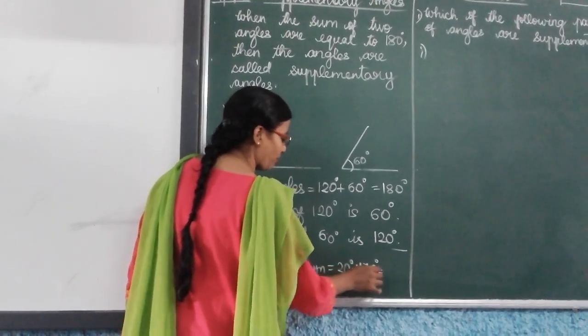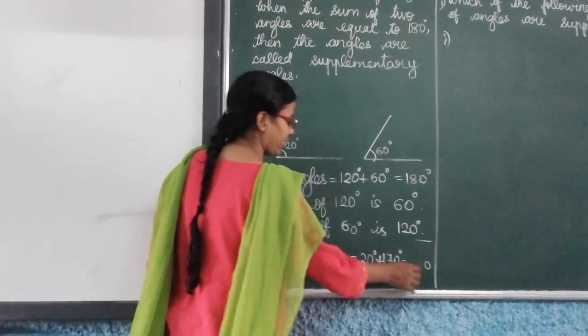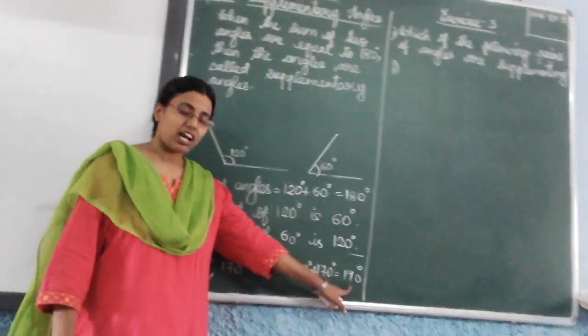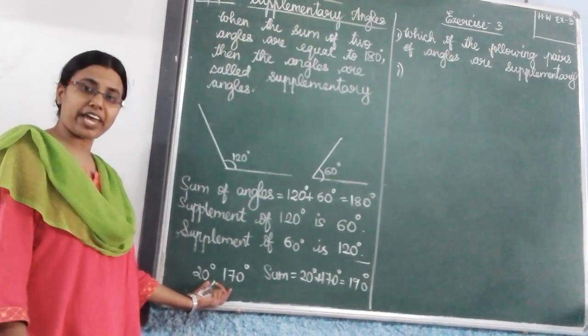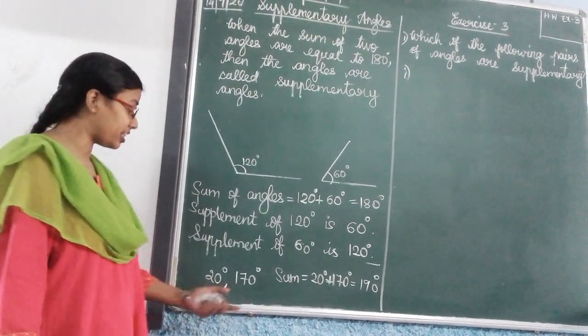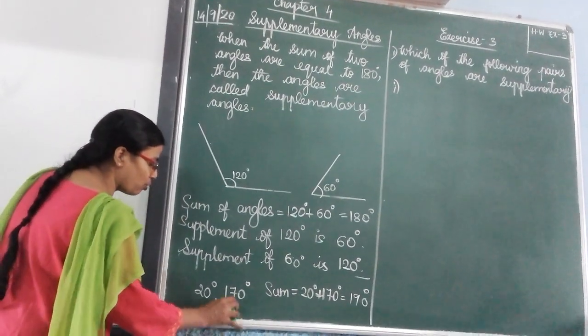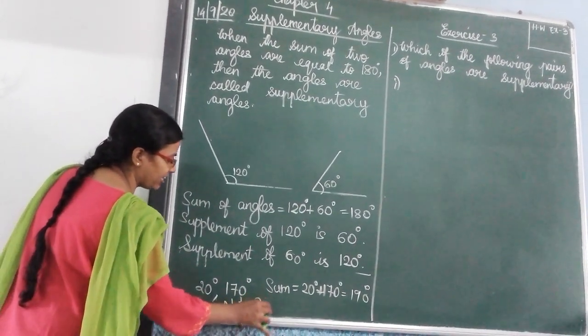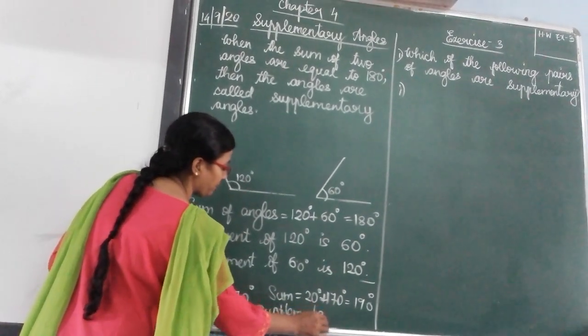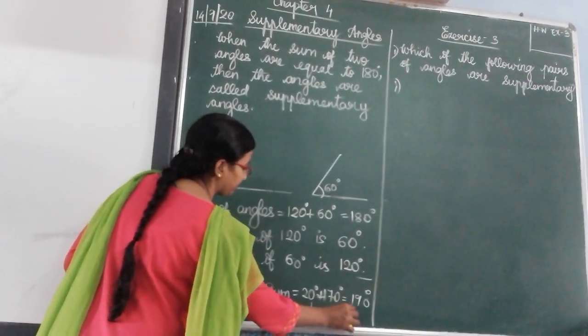So here addition, 0 plus 0, 0. 7 plus 2 is 9 and this is 190. Are these two angles a pair of supplementary angles? No, they are not. So they are not supplementary angles.